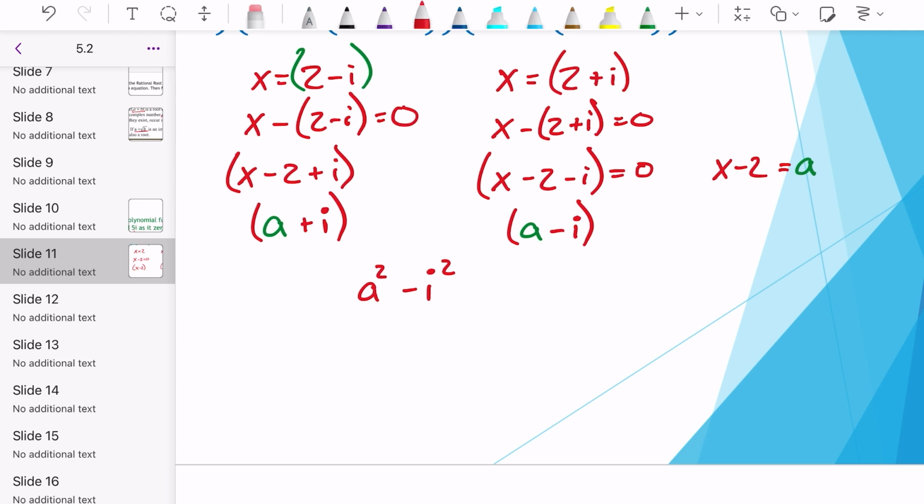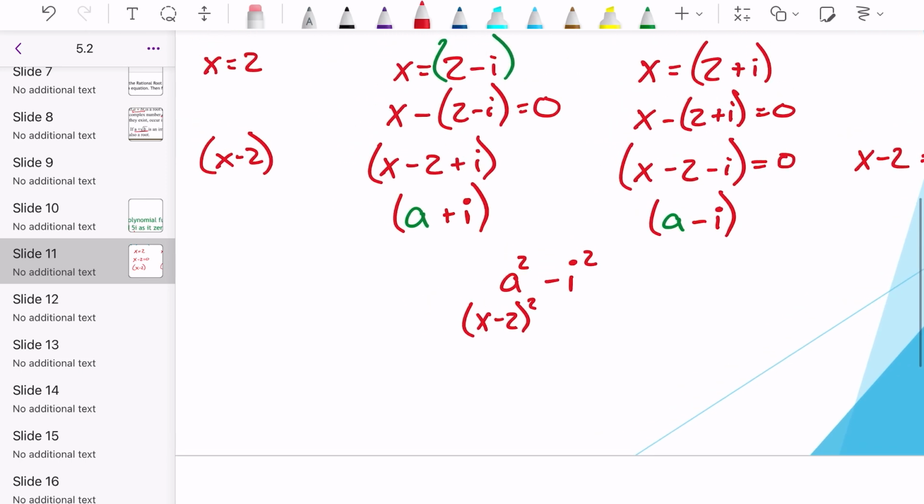First piece that we can plug in is x minus 2 for a. So we would have x minus 2 squared. Keep in mind, do not fall for a common mistake, which is just to say this will give us x squared and minus 4, or positive 4.